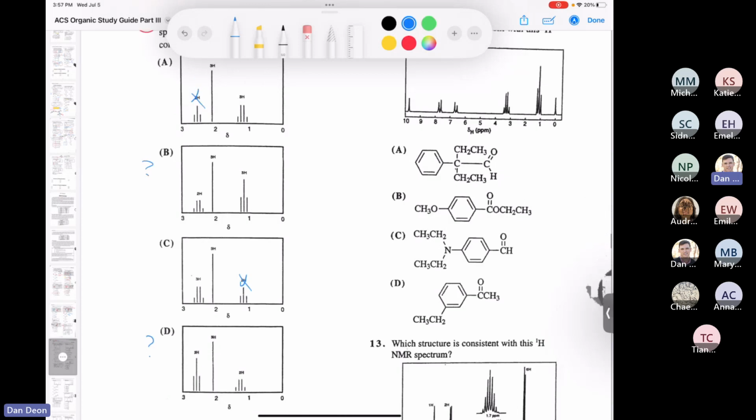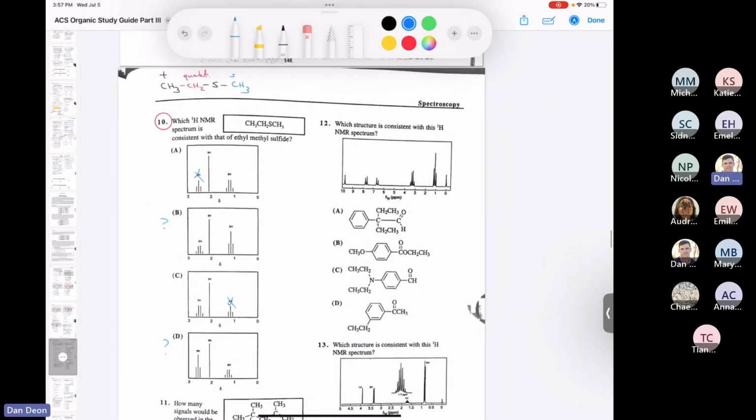So it's between B and D, the 2 possibilities.